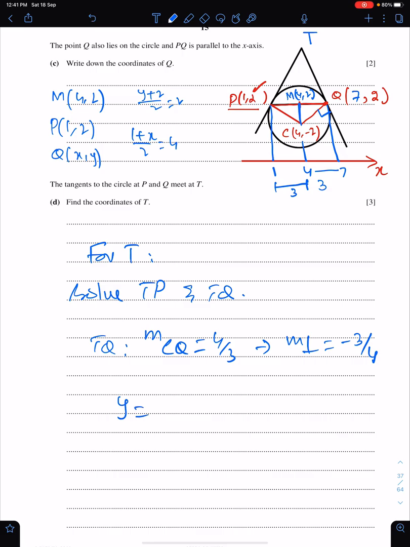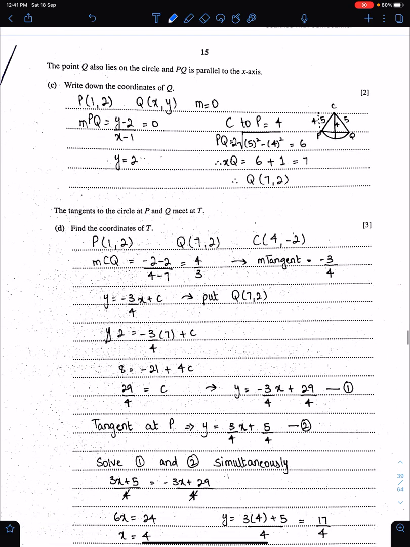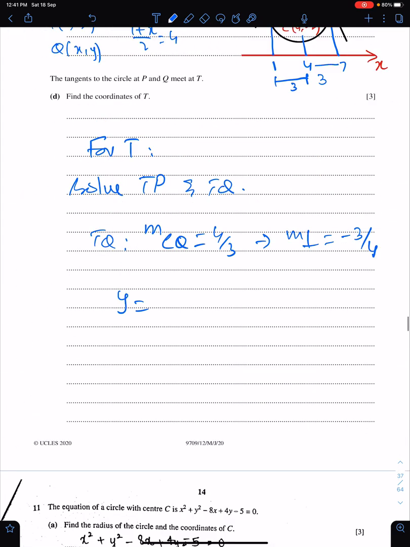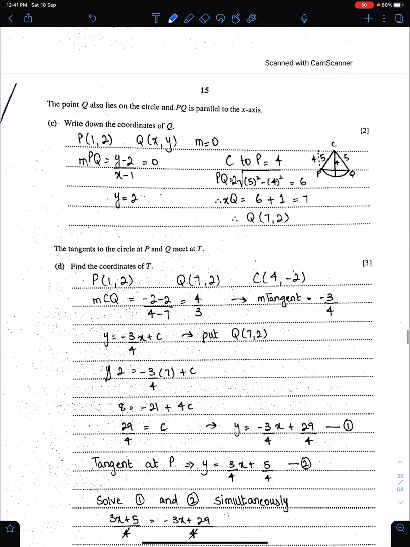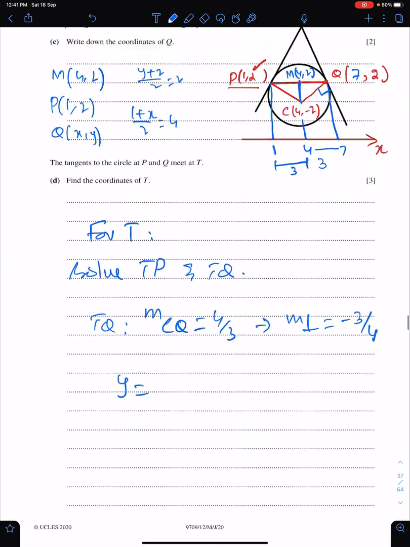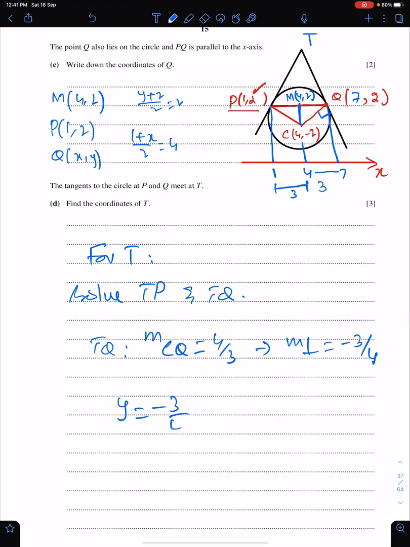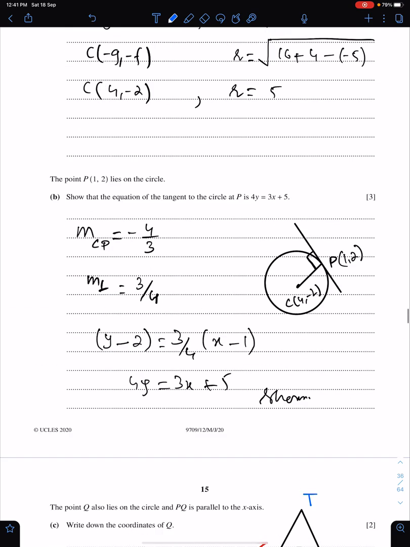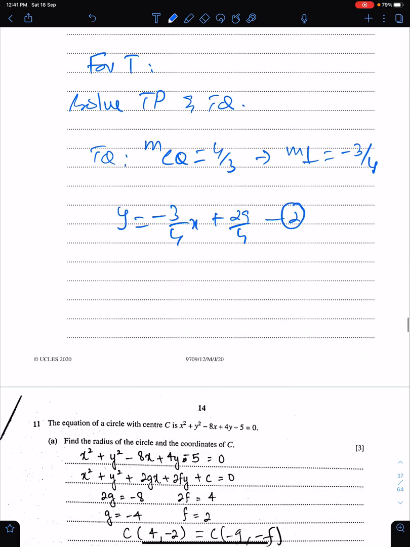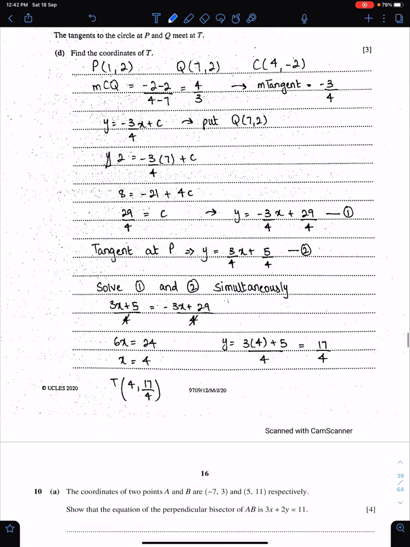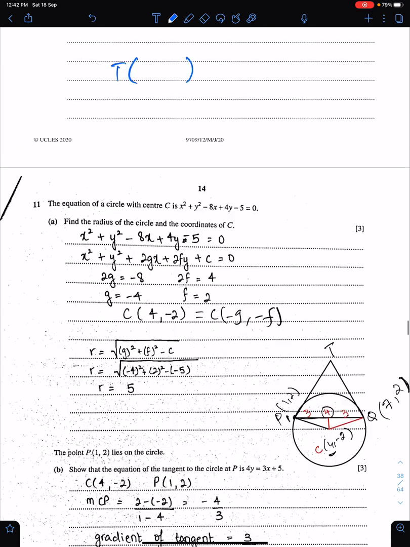Equation of TQ is minus 3 upon 4 x plus 29 upon 4. So this is equation number 2 and this is equation number 1. By solving these two equations simultaneously, we can get the coordinates of T, which are 4 and 17 upon 4.